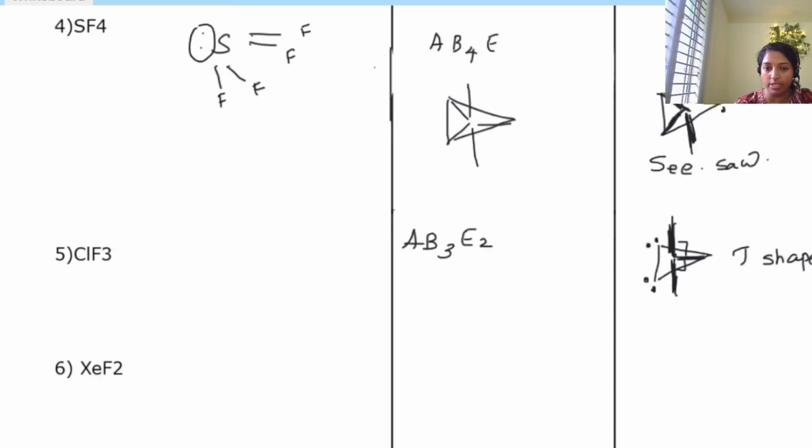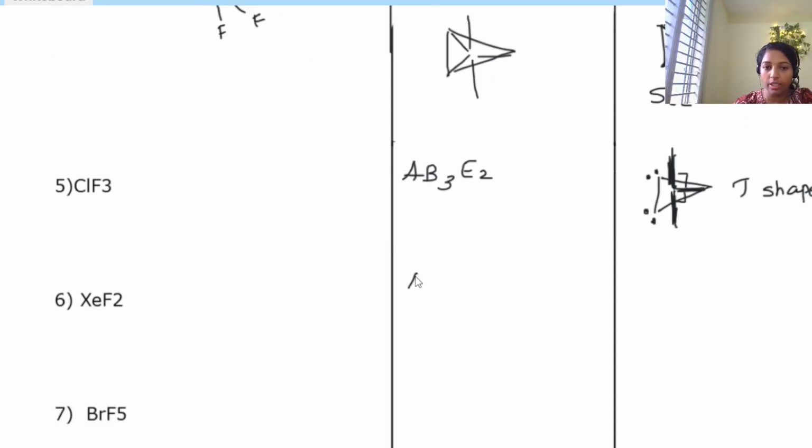Okay, then what about XeF2? Or you can think of it as AB2E3 type. AB2E3 means again altogether 5 electron clouds. Think of a triangular plane where all 3 positions are occupied by lone pairs. Then what about this molecule?